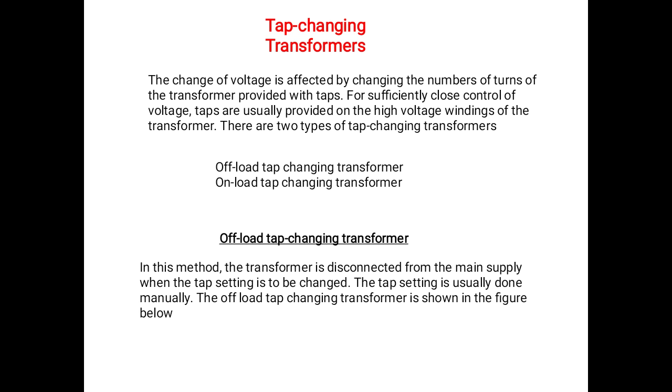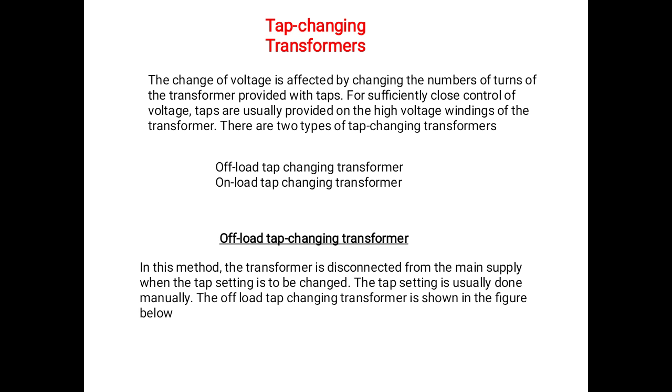There is a concept in a transformer that the per turn voltage induced in the primary winding is equal to the per turn voltage induced in the secondary winding. So tapping defines the voltage level towards the secondary side.